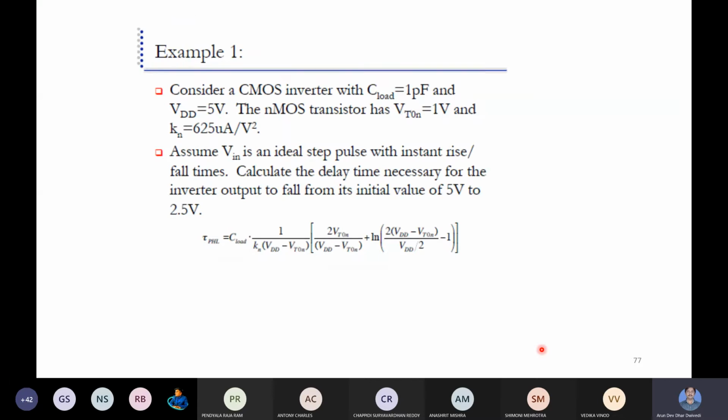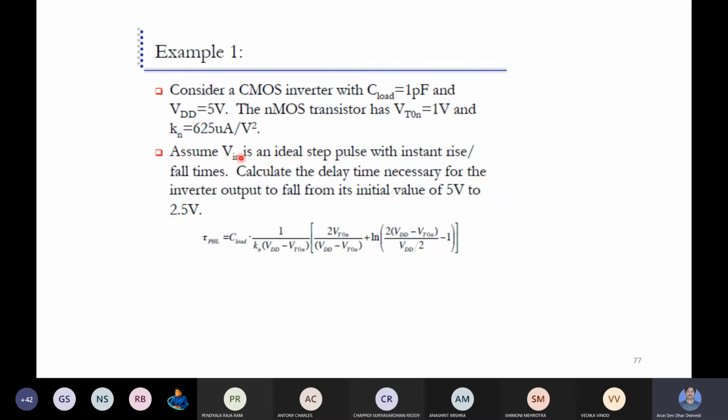So let us now see one example. The problem says: consider a CMOS inverter with C load equal to 1 picofarad and VDD equal to 5 volt. The NMOS transistor has VT0n equal to 1 volt, and Kn, equal to mu n Cox W by L, is 625 microampere per volt square. Assume that input Vin is an ideal step pulse instead of a non-ideal pulse.